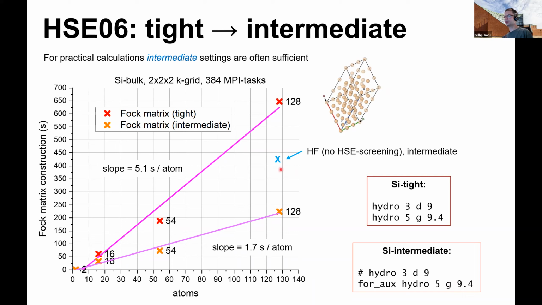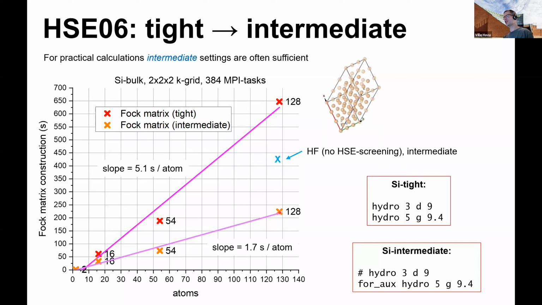By the way, here is also where, when I said that we do the screening, you see how the real space screening actually has an effect. If I remove the screening and do the Hartree-Fock with exactly the same geometry, so the spatial localization is the same, it turns out that with intermediate settings you have to use something like 425 seconds.